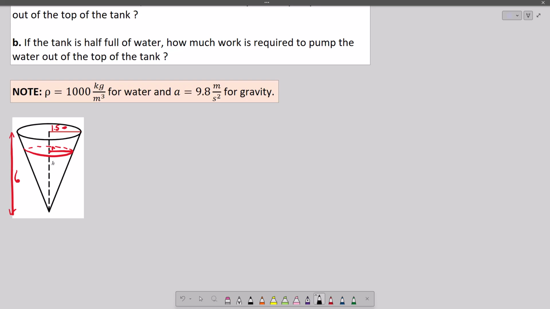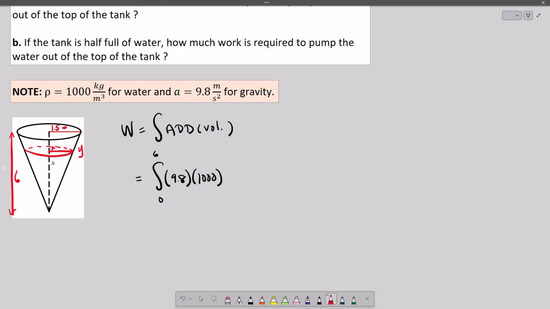So let's first just start with our generic formula. We know that work is the integral of A D D volume. This tank, this vessel, is 6 meters tall, so we're going to integrate from 0 to 6 to get it all out. Acceleration, we know right away, is 9.8, and the density, because we're dealing with water, is 1,000. Our representative cross-section is at a random height of y.